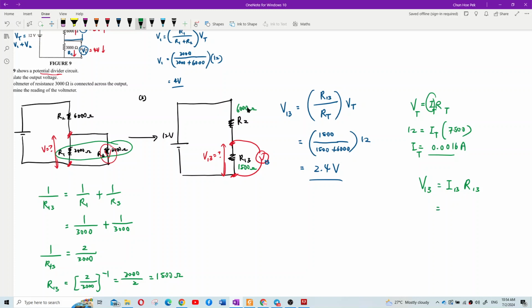We know that the current is the same, right? I13 is also the I total. Same current. Multiplied by R13, which is 1500. So what do you get? See that? 2.4 volt. It's the same thing. Still get back the same voltage V13.